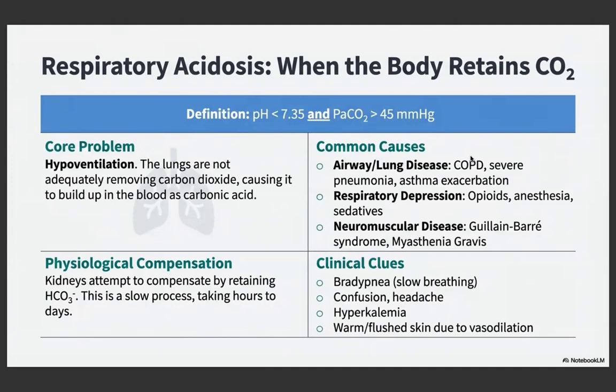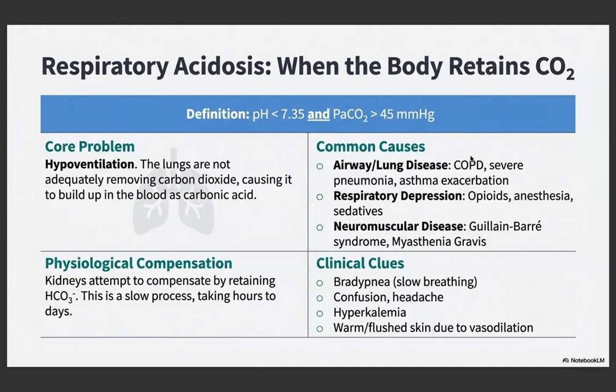So, respiratory acidosis. Again, this is anything with a pH below 7.35 and a PaCO2 of greater than 45. A super common cause of this is hypoventilation. Sorry, backwards, I said hypoventilation.